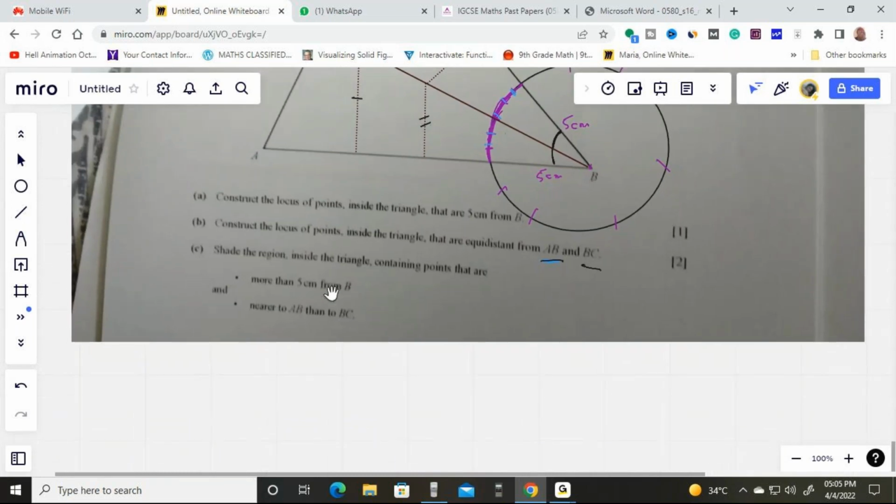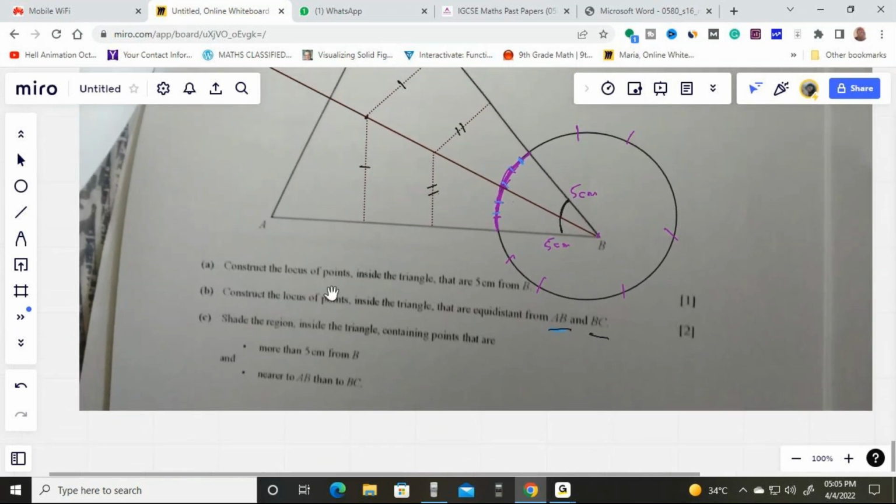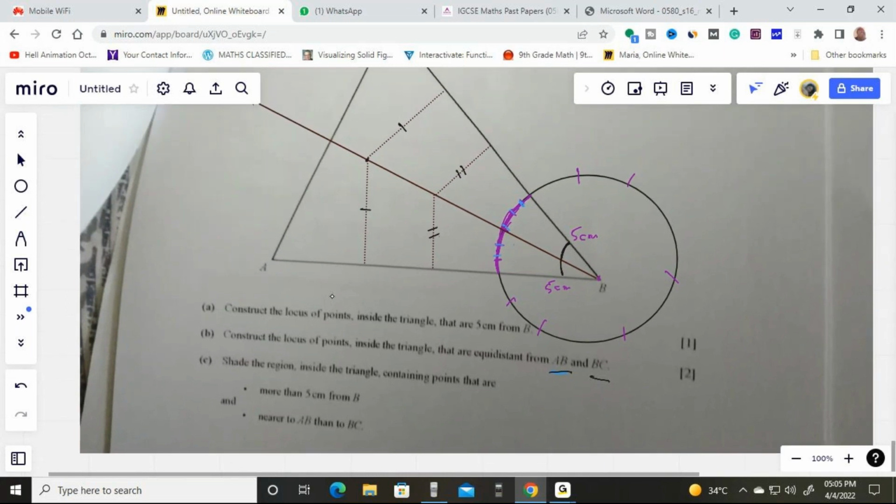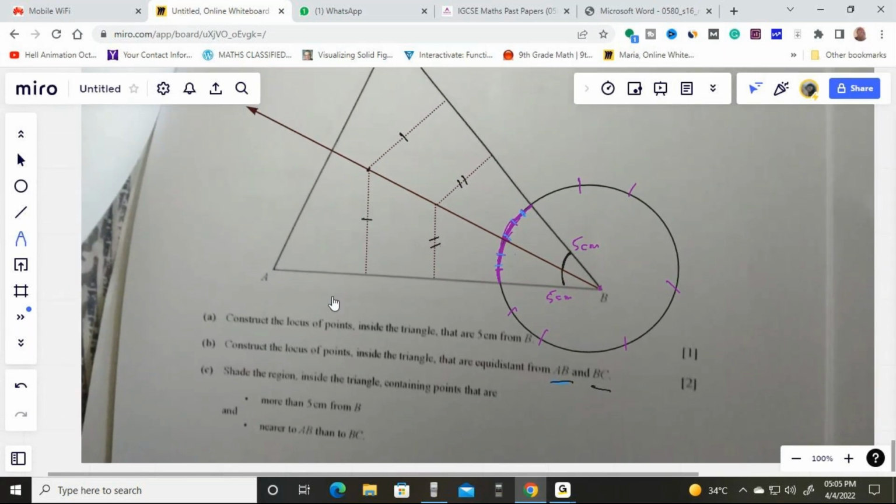It's not required. Then shade the region inside the triangle containing points that are more than 5 centimeters away from BC. So it means the shaded region must be somewhere here, and nearer to AB than to BC. I shade the region here.